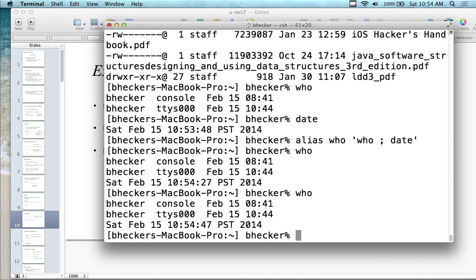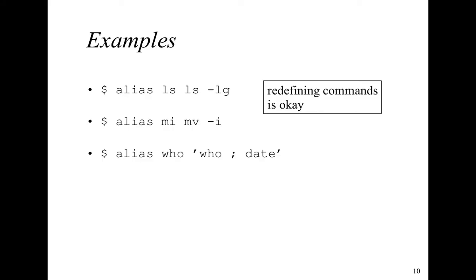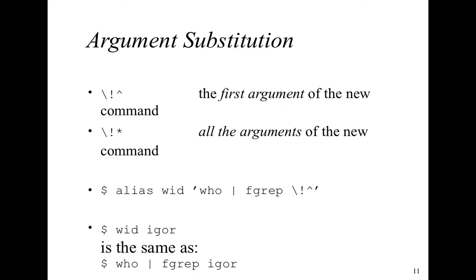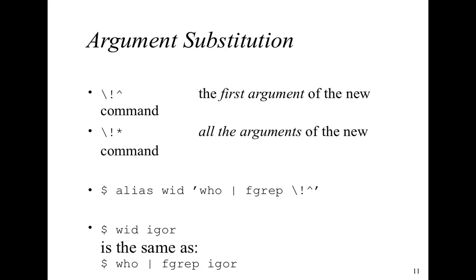I just changed the behavior of who. Not so desirable further down the road if I type in who and I don't want the date. I can remove the alias, yeah. But if I have the alias set, I have to remember to remove the alias when I want to go back to the other command. So aliases are going to overwrite the existing commands that are in the system. Redefining commands is okay.